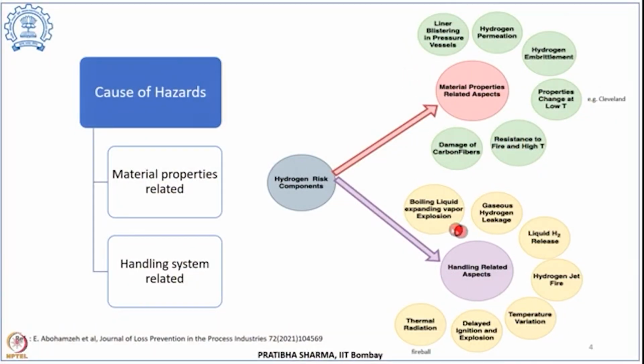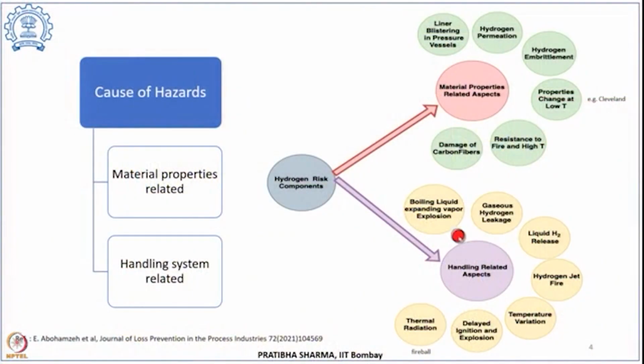However, handling of hydrogen related hazards can also give rise to accidents at hydrogen facilities and applications. Usually these handling related hazards are associated with loss of confinement or loss of containment, in which either gaseous hydrogen or liquid hydrogen is released because of the loss of confinement, and that can lead to several types of hazard.